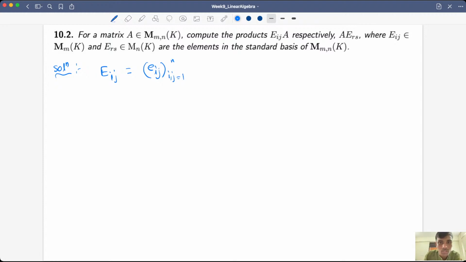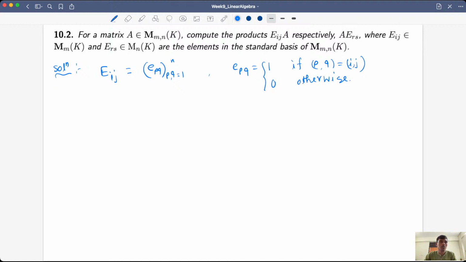Sorry, I should consider a different notation, because this is also Eij, so let me write it with p and q. So EPQ equals 1 if (p, q) equals (i, j) and 0 otherwise.